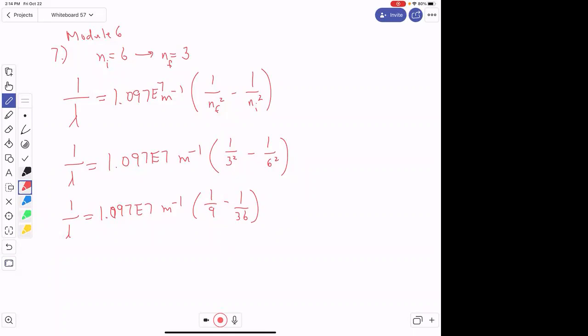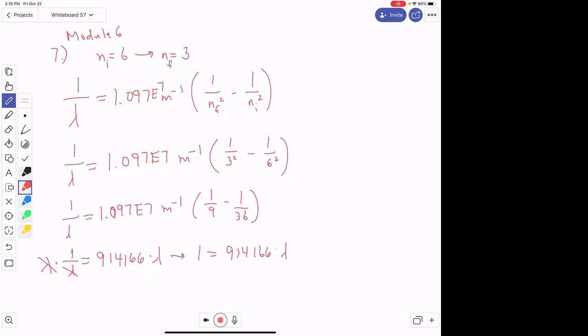And so probably one mistake someone might make is they might just stop the calculation there and say, okay, I've got this giant number, 914,166, but I want the inverse of that, right? So I can multiply both sides by wavelength. Wavelength cancels out. I get 1 equals this number times wavelength.